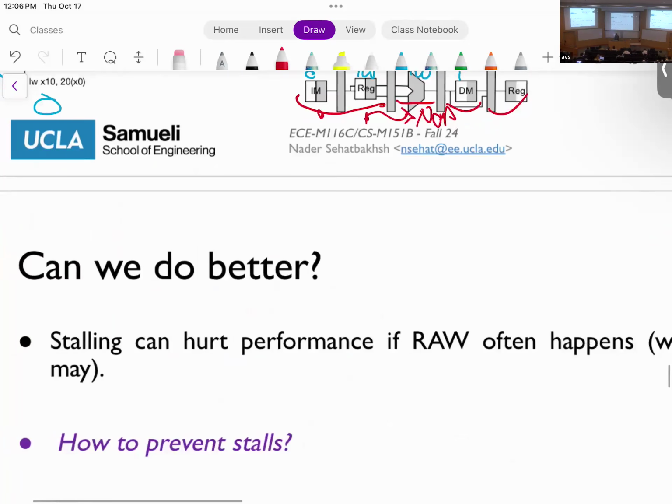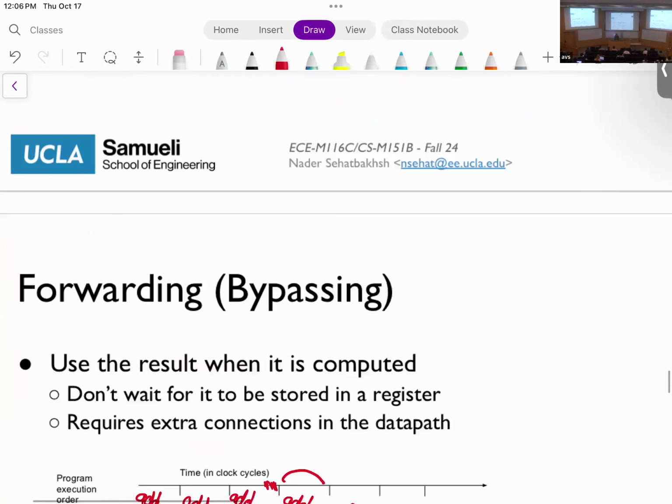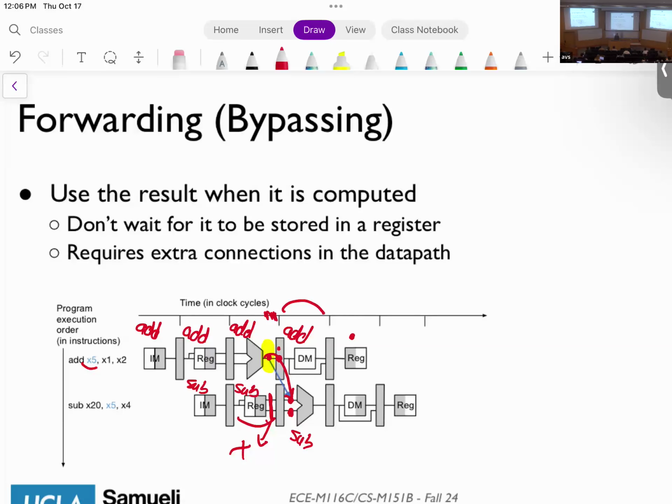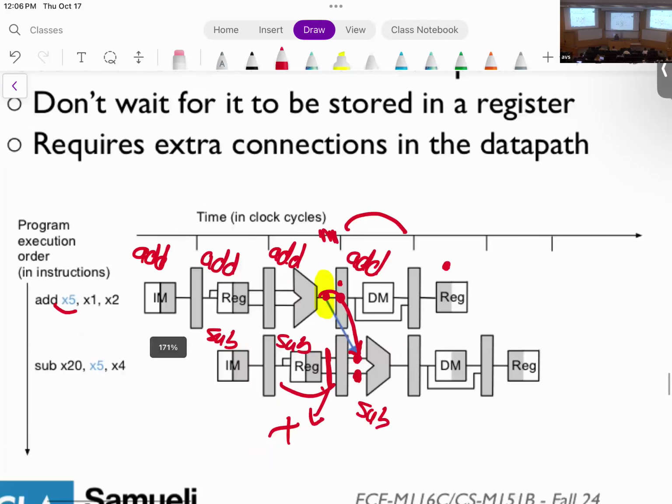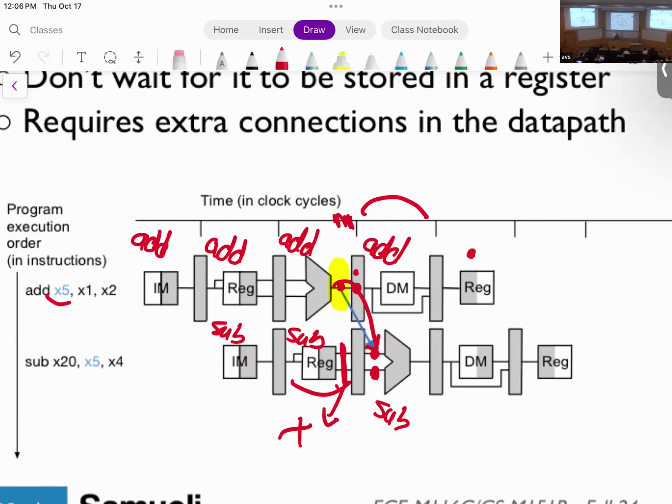Then we talked about a better solution to this problem, and that was forwarding, or some people call it bypassing. The basic idea of forwarding is an interesting way that you can remove the need for a stall. Since I already have the value that I want here, if I rewire and connect this into the beginning of the ALU, I can basically bypass these values that I read here.